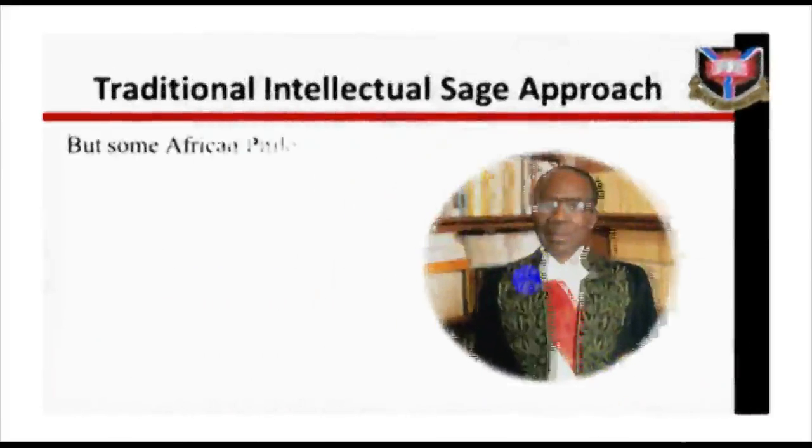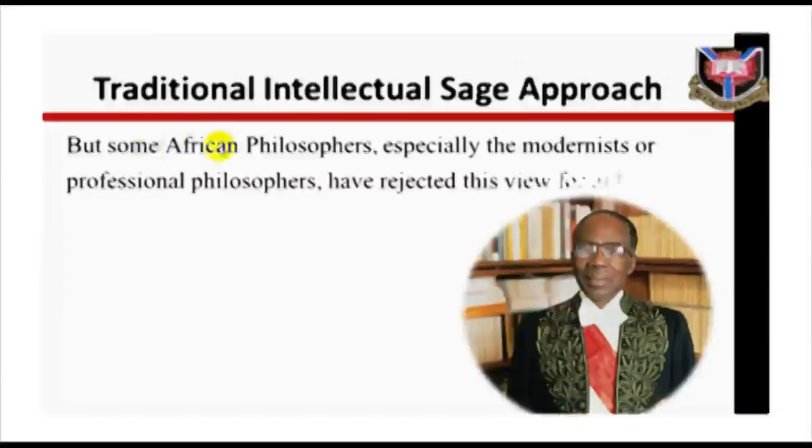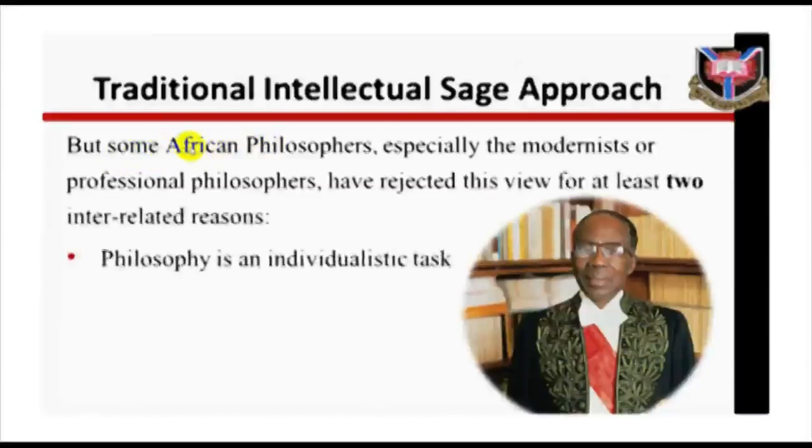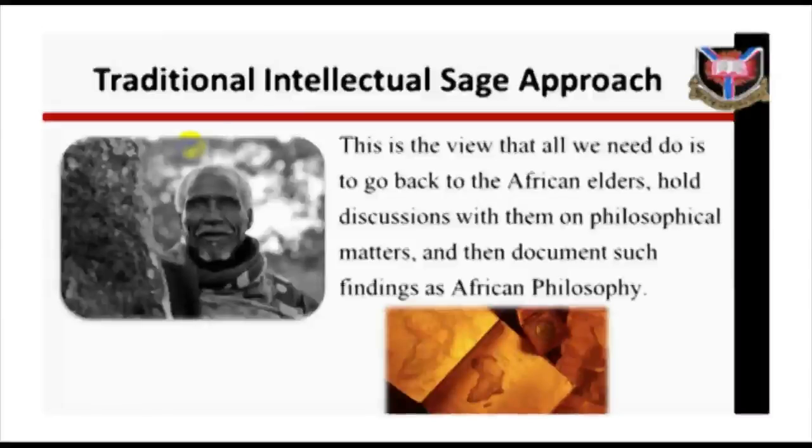This is because, according to Paul Radin, who is a major supporter of this view, there was, and perhaps there still is in existence, an autonomous intellectual class in traditional African society.